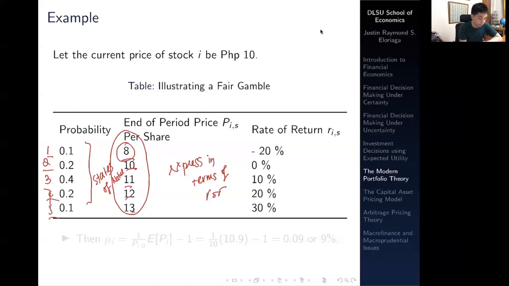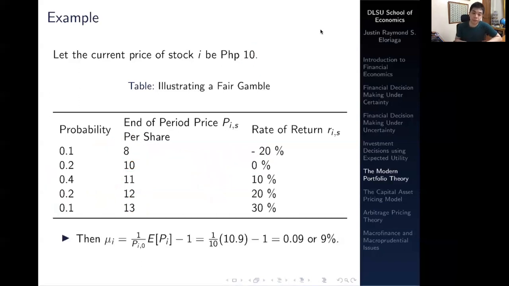So this 8 peso return from the 10 peso investment, that's a reduction of minus 20%. The 10 peso return on a 10 peso investment, that's a 0% rate of return, and so on. Then we just apply the formula to get the expected return, and that's just 1 over P_i0, where P_i0 is the initial or the current price of the stock, which is 10, times the expected value of P_i.